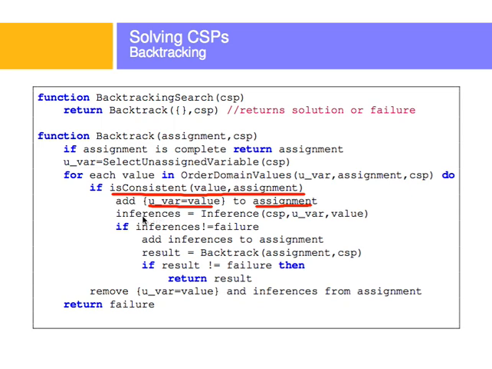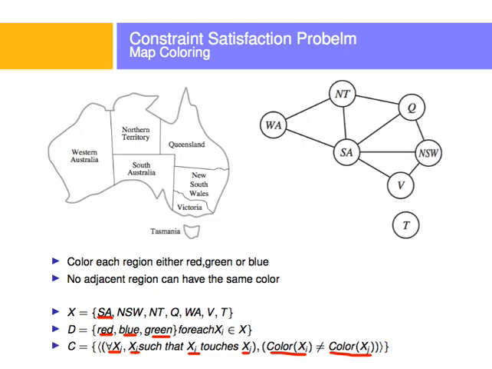Then we do all possible inferences in our tree, because, for example, if we have the Australia puzzle here and we assign some color here, and some color here, and some color here, we can infer what the color should be here.